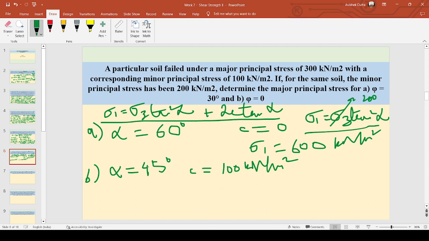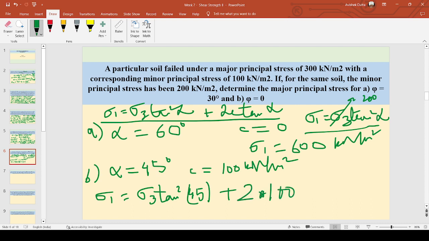So sigma 1 equals sigma 3 tan square alpha, alpha is 45 degree, plus 2 into 100, 2c tan alpha, tan 45 degree.